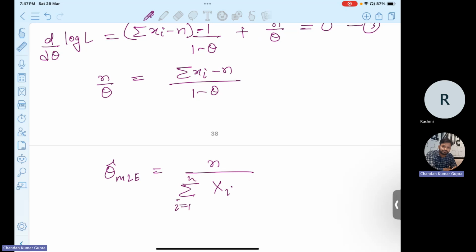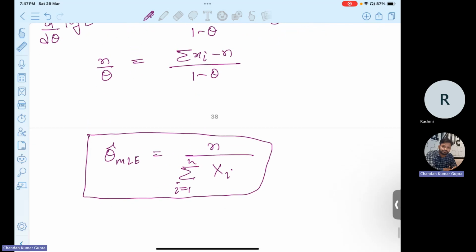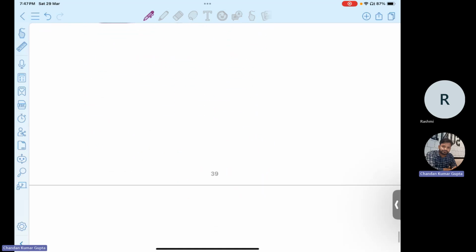So this is the maximum likelihood estimate for the parameter theta when theta is the geometric parameter, a parameter from the geometric distribution. So this is how we can calculate the maximum likelihood estimators for a discrete random variable.